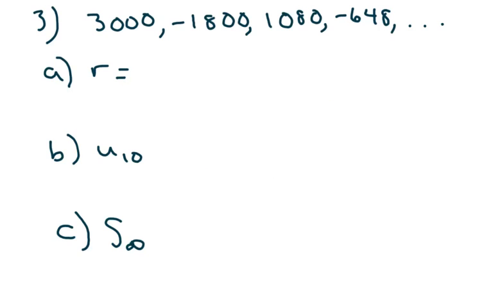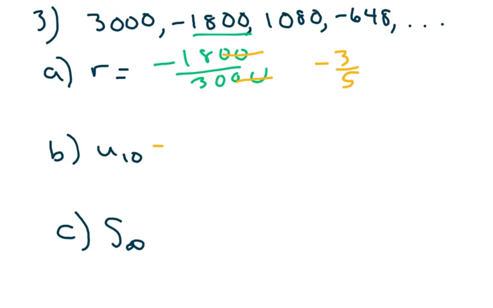All right, next one. They're giving you this number, and they want to know what R is. So basically, here it is. Find the common ratio. I'll take this one, divide it by 3,000, cross out the zeros, divide everything by 6, to get negative 3/5.